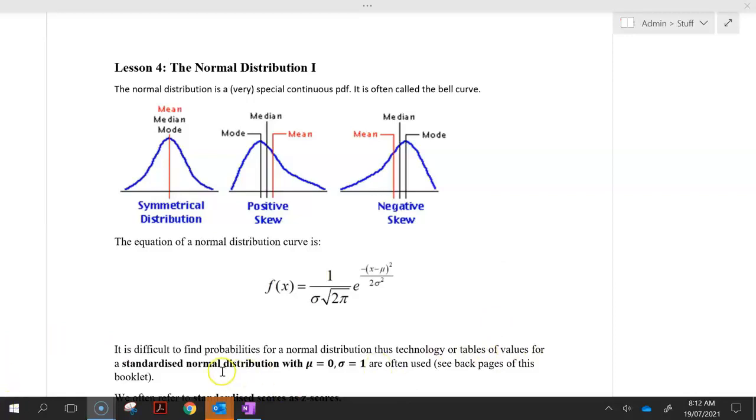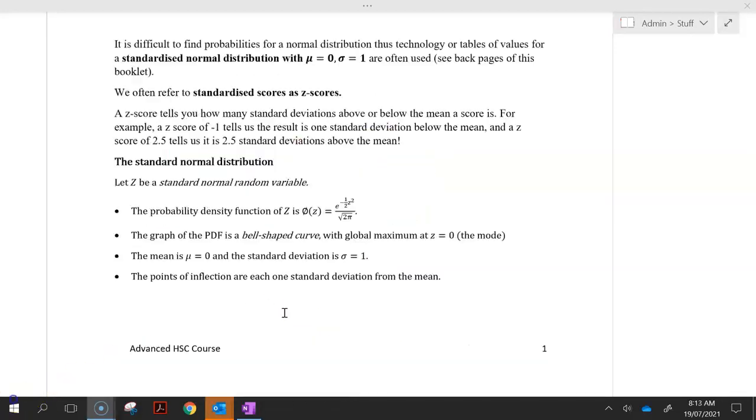So the standardized normal distribution, we set the mean equal to 0 and the standard deviation equal to 1. And this is what we do when we talk about Z-scores. So recall, well, we've talked about it a little, a Z-score tells you how many standard deviations above or below the mean a score is.